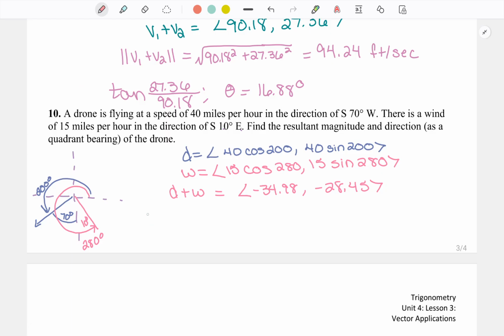So our magnitude is the square root of negative 34.98 squared plus negative 28.45 squared. So that leaves us with 45.09 miles per hour.